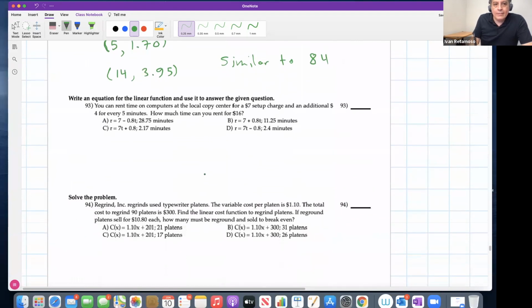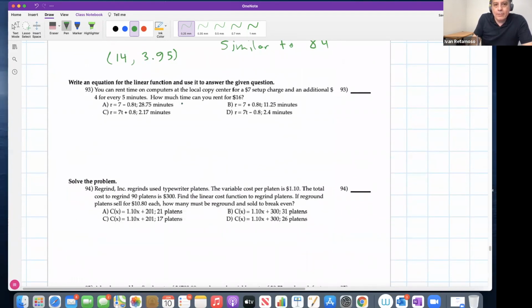Number 93 says you can rent time on computers at a local copy center for $7 setup charge and an additional $4 for every 5 minutes. How much time can you rent for $16? All right, let's figure out a rental function, right? The rental function goes like this. You have to pay a $7 setup price. So this should be like the fixed cost, right?